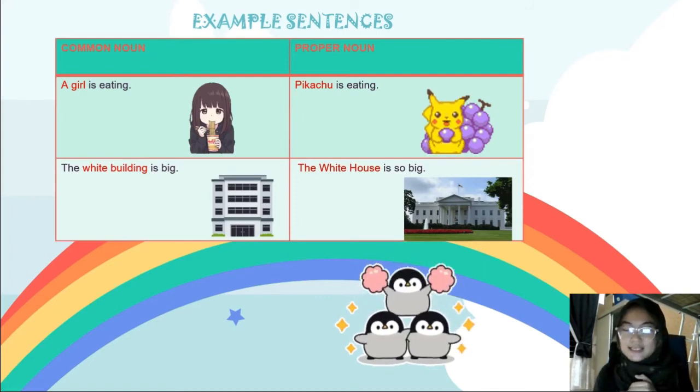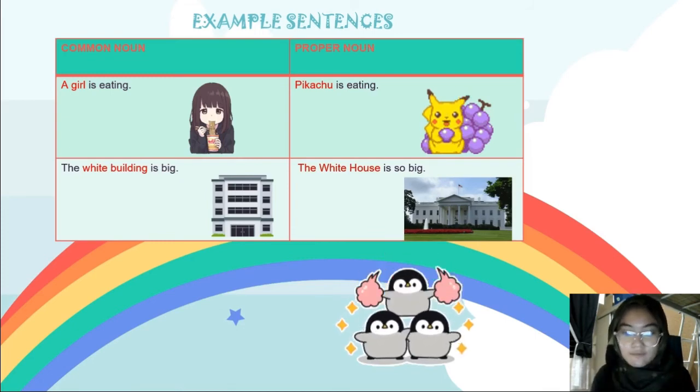Okay, why is the white building a common noun? Just like I said before, it is mentioned as a white building only. However, we don't know whether the white building is a hotel or an office, how many levels are there in the building, who works there, what is the function of the building.